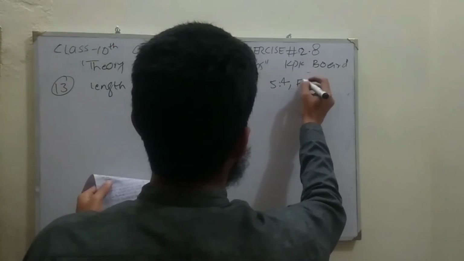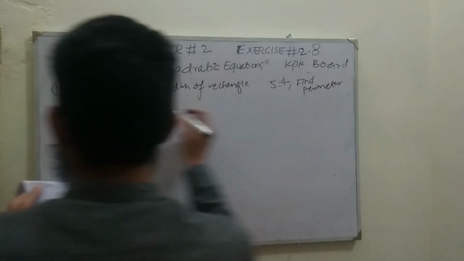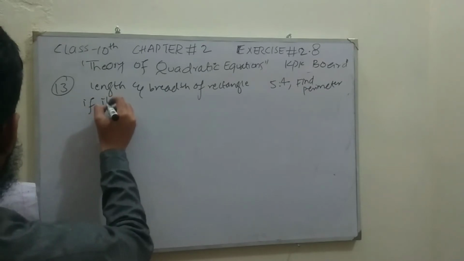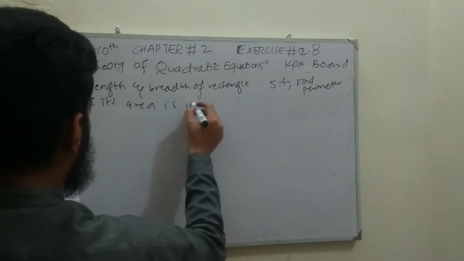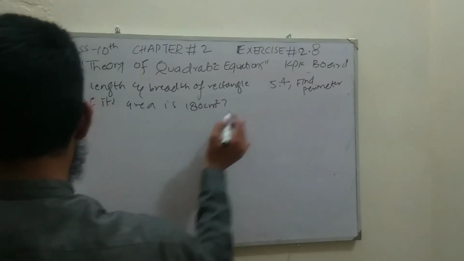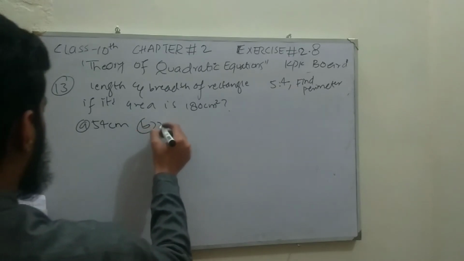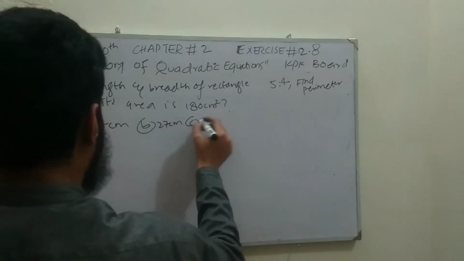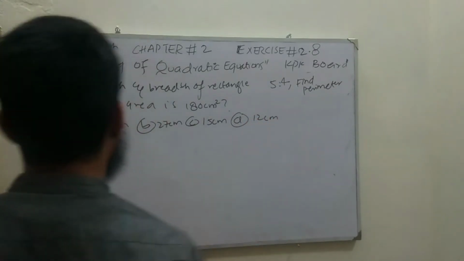Find perimeter if its area is 180 centimeter square. So option A is 54 centimeter, option B is 27 centimeter, option C is 15 centimeter, and the last option is 12 centimeter.